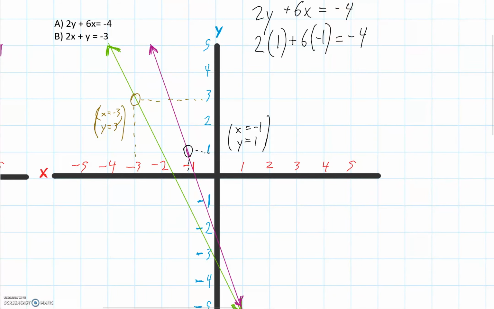Let's see if that's true. So 2 times 1 is 2, plus 6 times -1 is -6, equals -4. 2 minus 6 equals -4. -4 is indeed -4, so we know that that works. So, purple is this one.